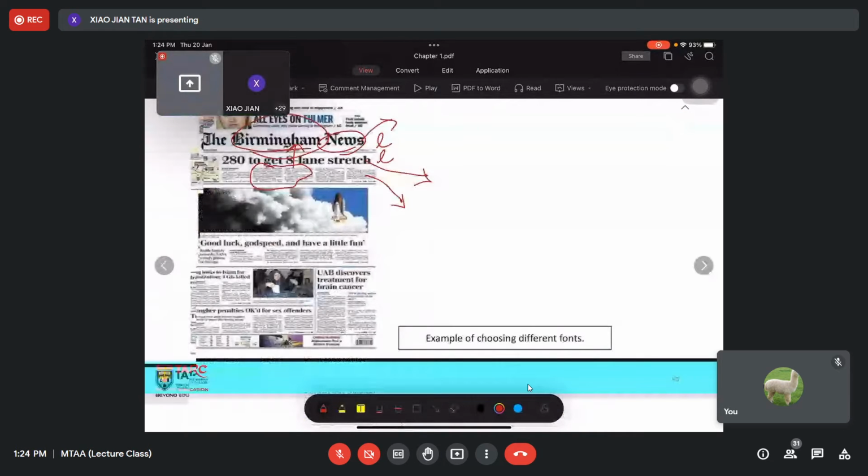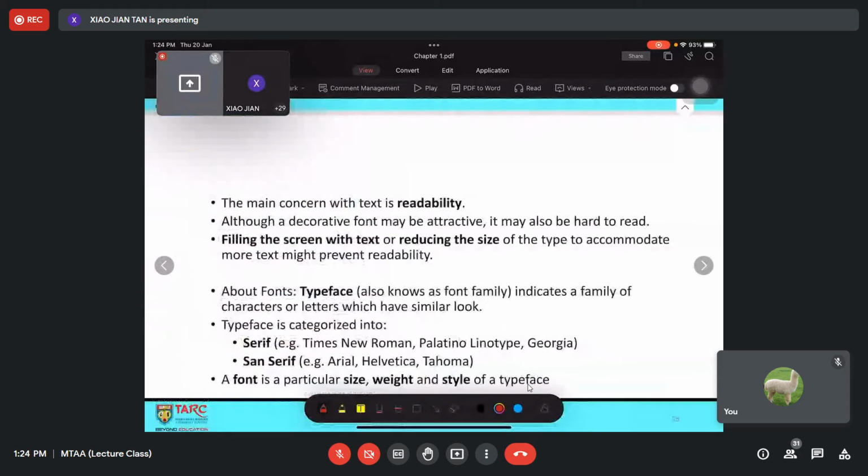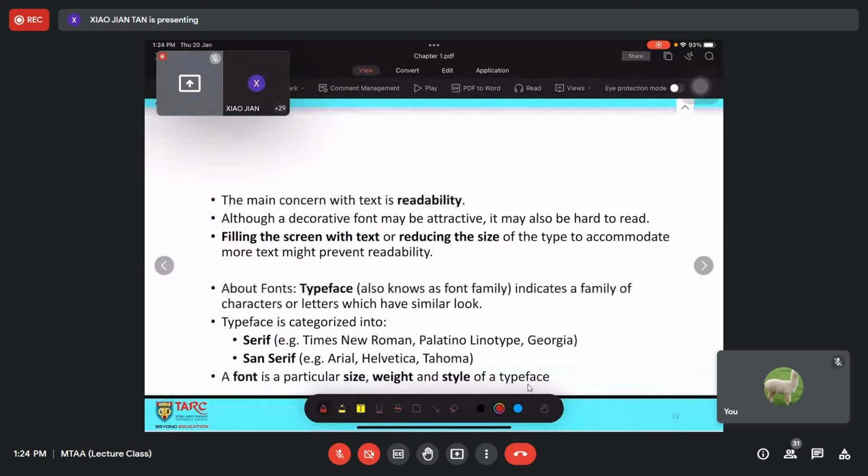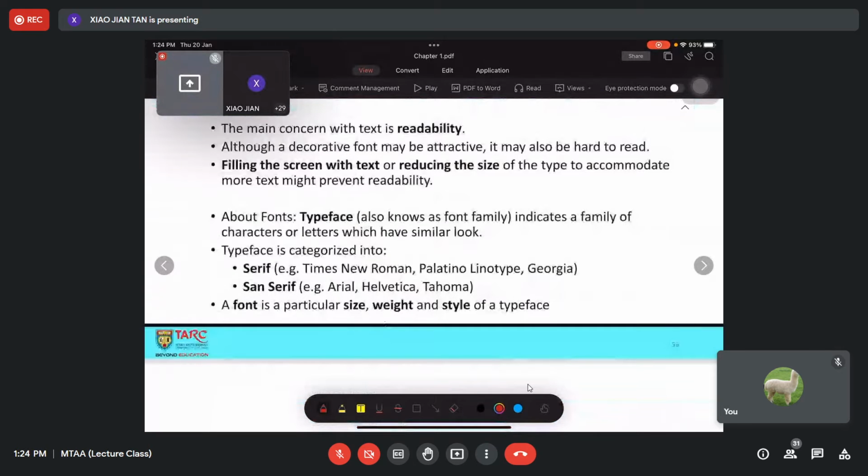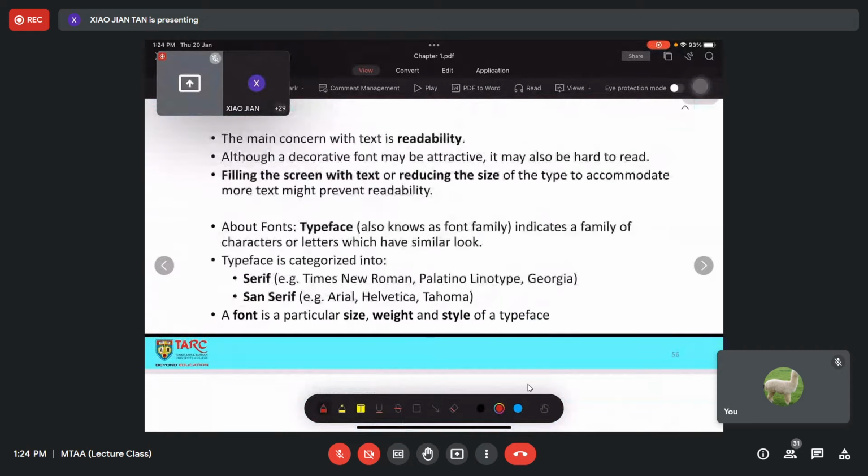Filling the screen with text or reducing the size of the type to accommodate more text might prevent readability. At the end of the day, we don't want to put everything in your slide and then the panel is not able to read it. So it's not really useful, the intended function is not achieved.